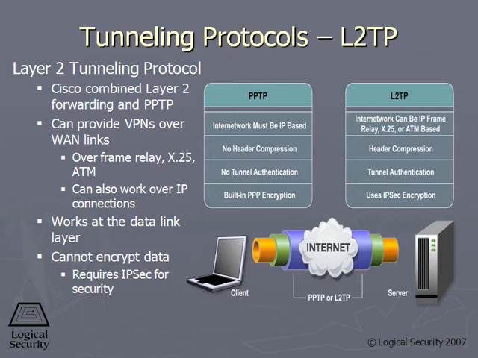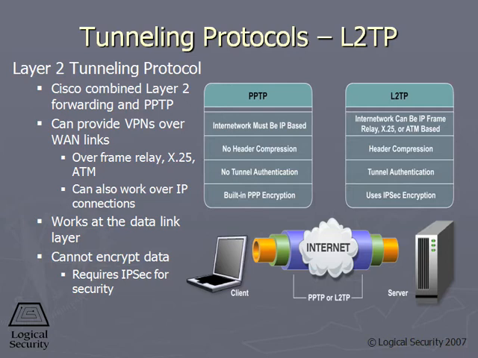So L2TP can work over IP, but it can work over other types of networks like frame relay, ATM, and X.25. It is a capability to expand upon PPP. If you're using PPTP or IPsec, it allows you to expand it through the other networks.